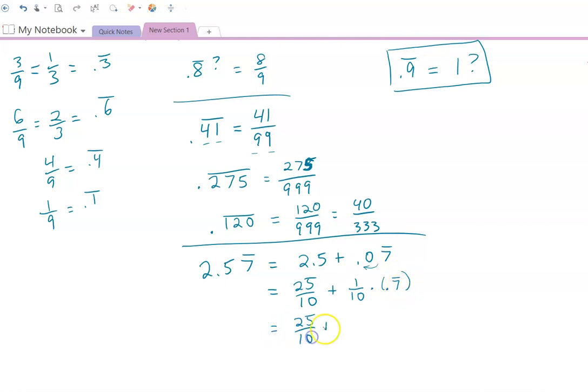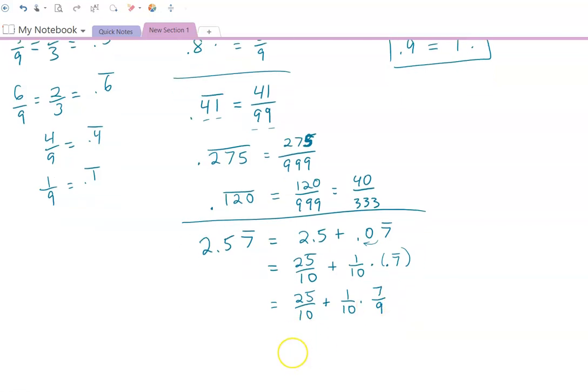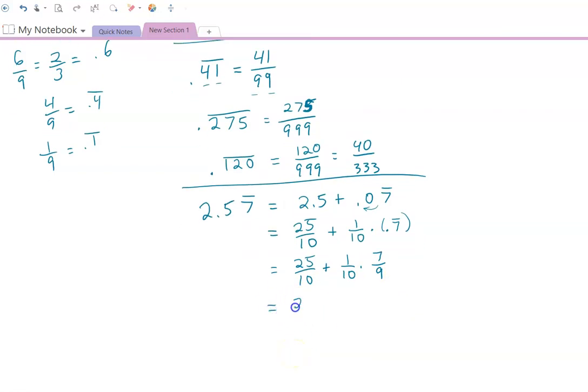Okay, so I have 1/10 times 0.7 repeating, or in other words, 25 over 10 plus 1/10 times 7/9. Okay, so now we're looking at 25 over 10 plus 7/90, and now I just need a common denominator so that I can add these two together.